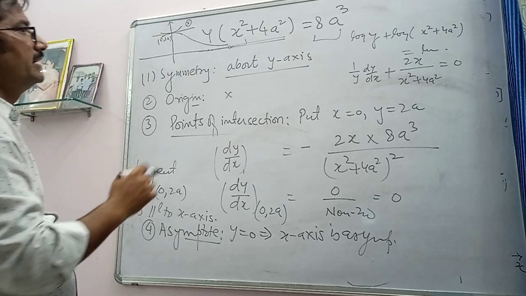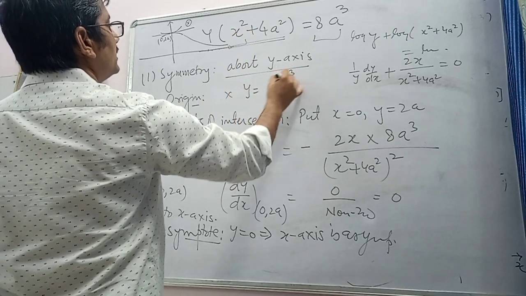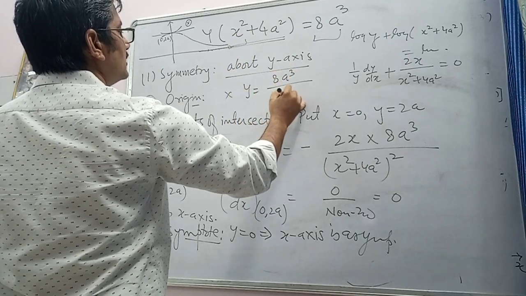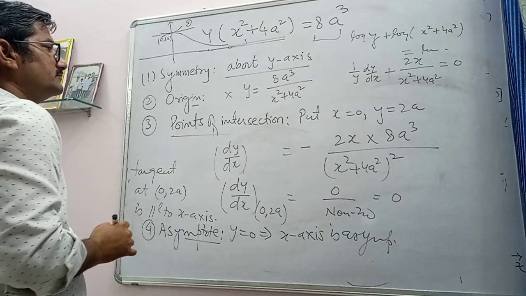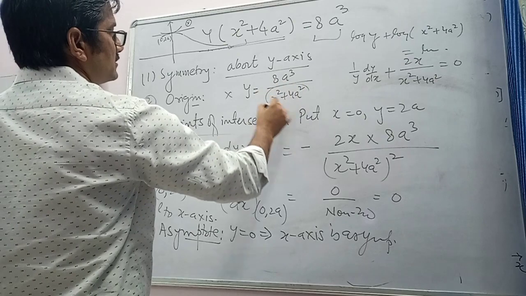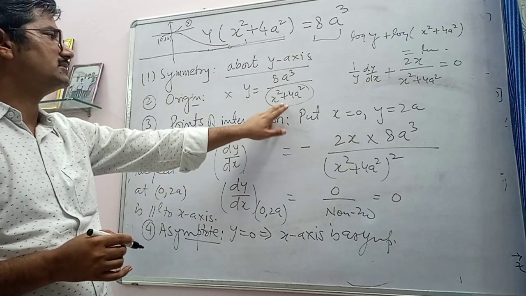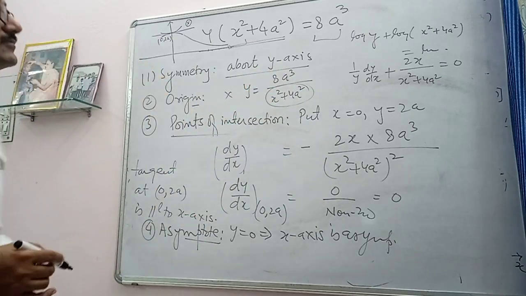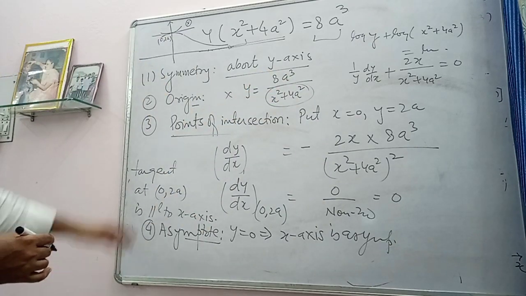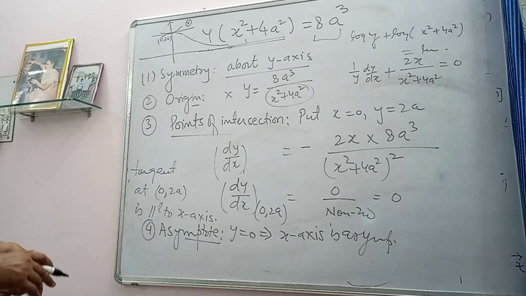So we can find the value of y from here. y is equal to 8a cube upon x square plus 4a square. This is positive, the denominator is positive, and a is a constant, it is positive. So y is always positive. But we have to check whether, if y is greater than 2a, the curve will lie or not.